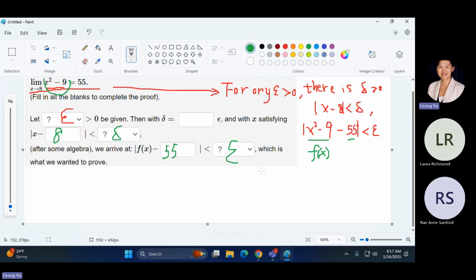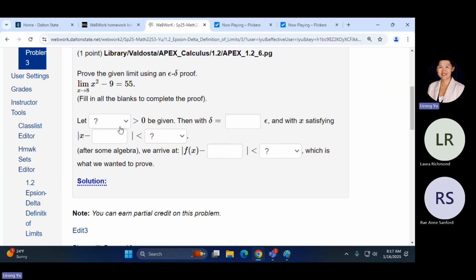So let me go back to the WebWork and see if what I was saying is right. So epsilon, and over here is the number 8, and then it's less than delta. And this is supposed to be epsilon, and here is supposed to be the 55.